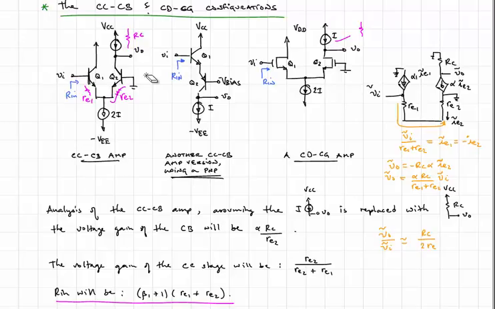I'll give you a lead for what's coming: this is actually the front end of most operational amplifiers. If you have a bipolar based operational amplifier, they will not ground the base of Q2. The base of Q1 and the base of Q2 are the two inputs, inverting and non-inverting, or non-inverting and inverting, depending on what follows in the subsequent amplifier stages. Those are your two inputs, and the quiescent point is when those two base voltages are at the same voltage.